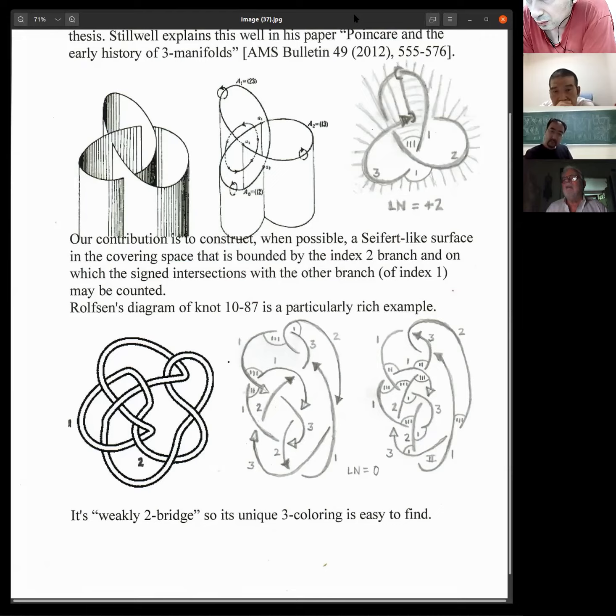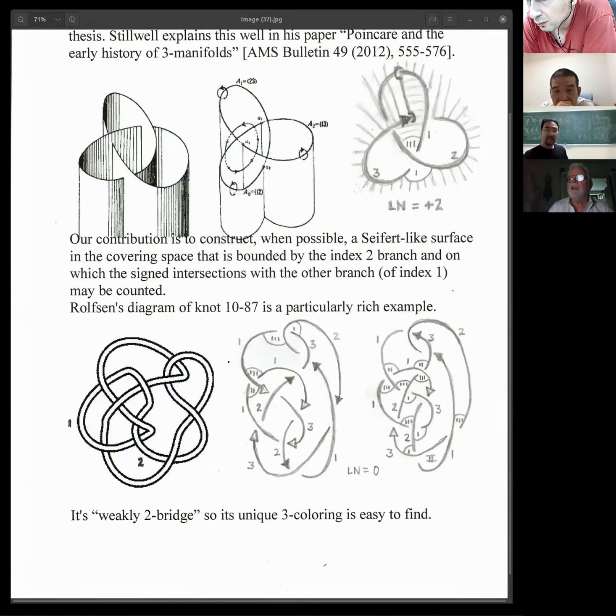And because you can do that, and because you can see it, it gives you the means of seeing the linking number with the other curve. Because it turns out that the index 1 branch curve is indicated on this drawing by the numbers assigned to each segment.